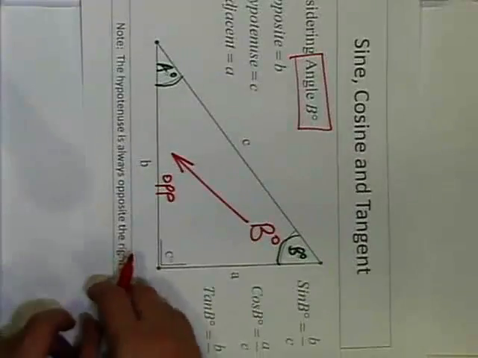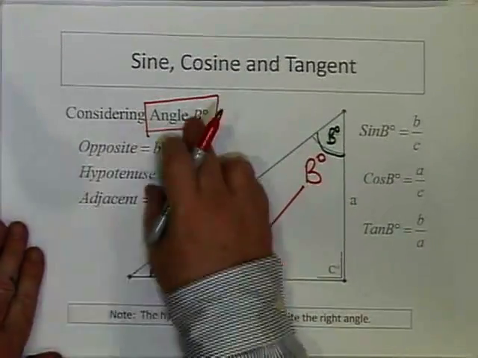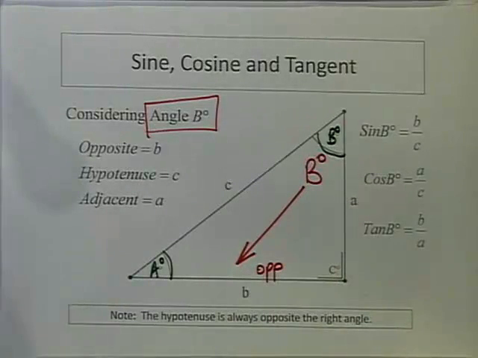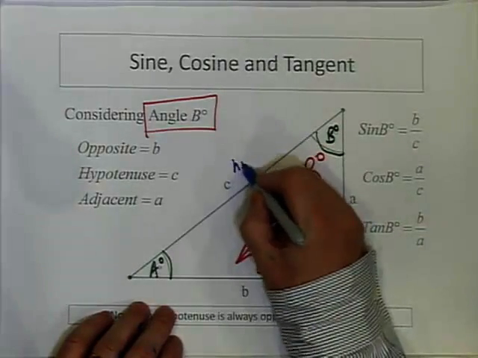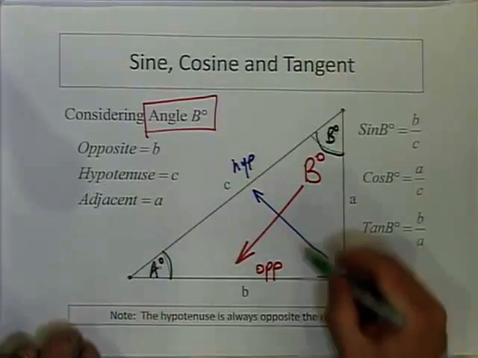It may be like that. It may have been drawn like this or like that, but that's the angle I was looking for. I'm considering angle B. If that's B, I look for the 90 degree, and the 90 degree opposite it defines the hypotenuse. And the only one that's left then must be the adjacent.